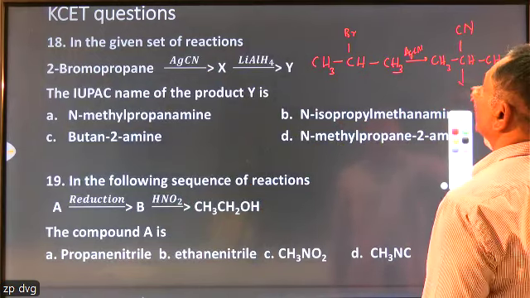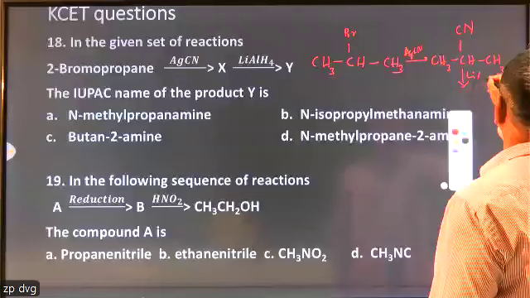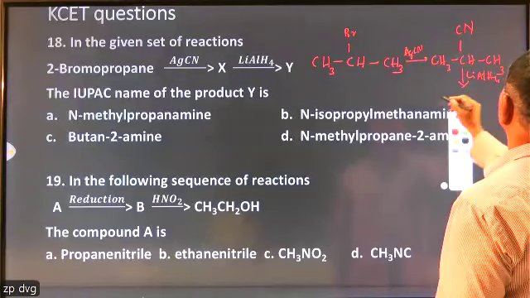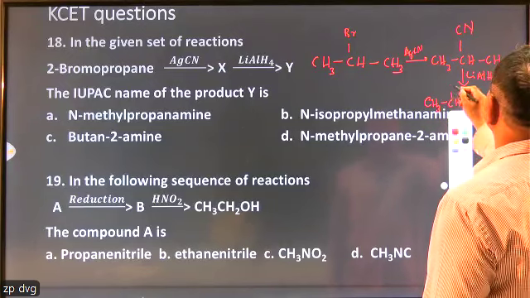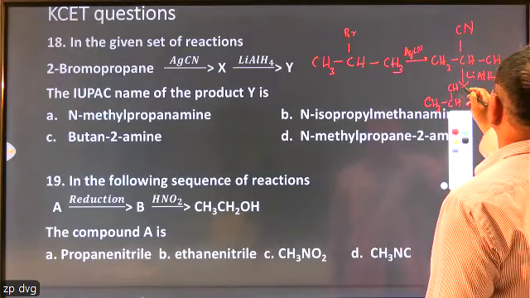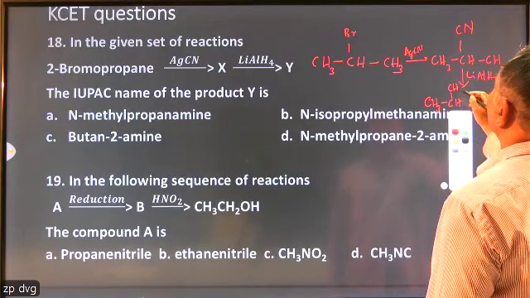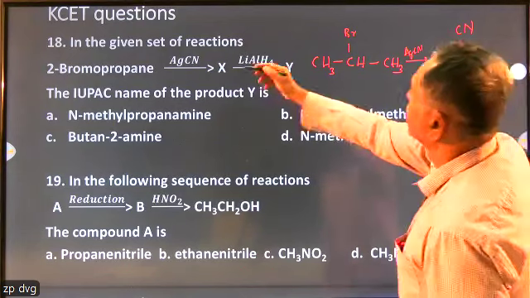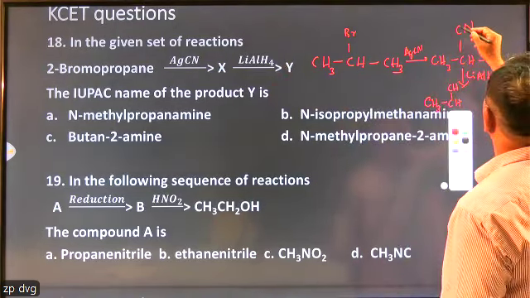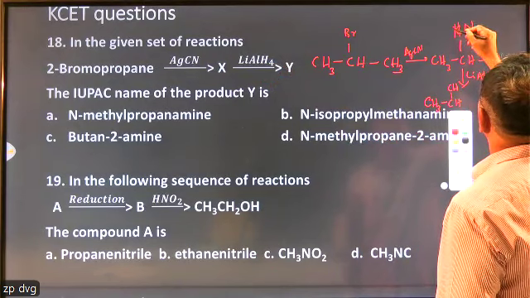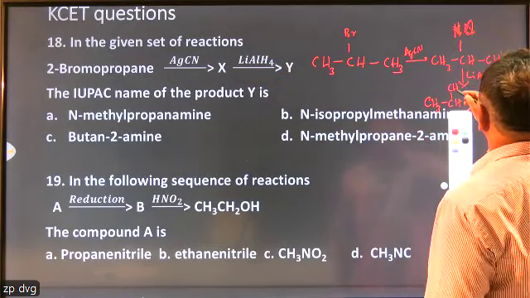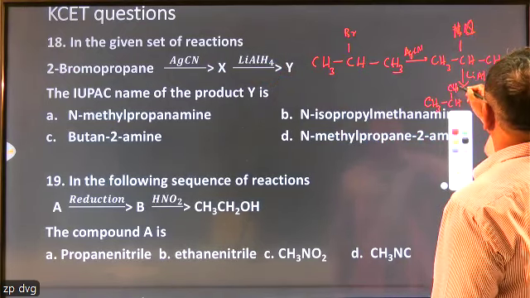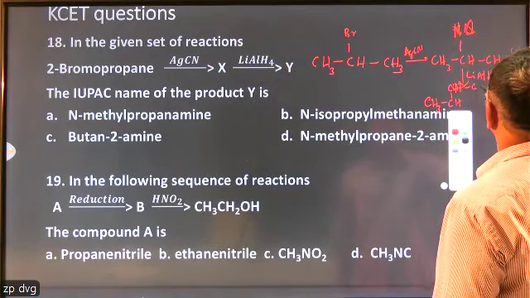This upon treatment with lithium aluminum hydride, you get, sorry, this is silver cyanide. So you get an isocyanide, NC.